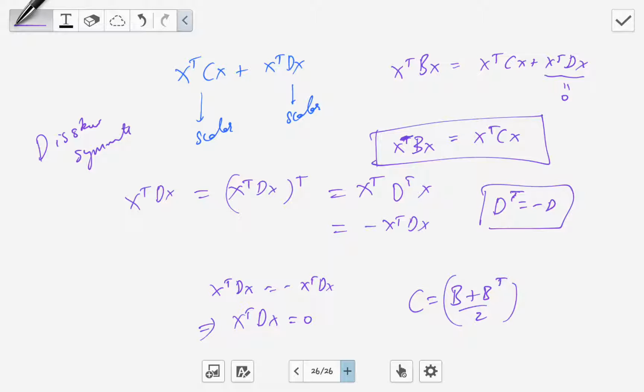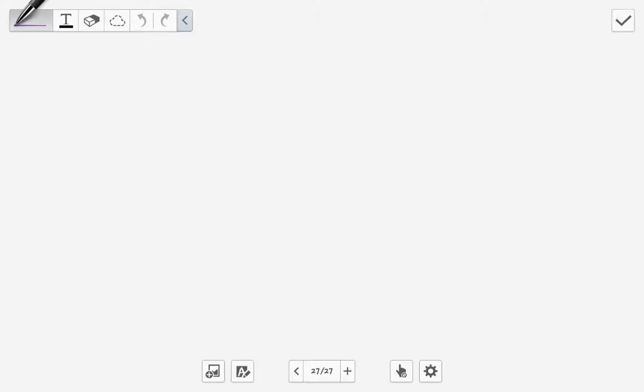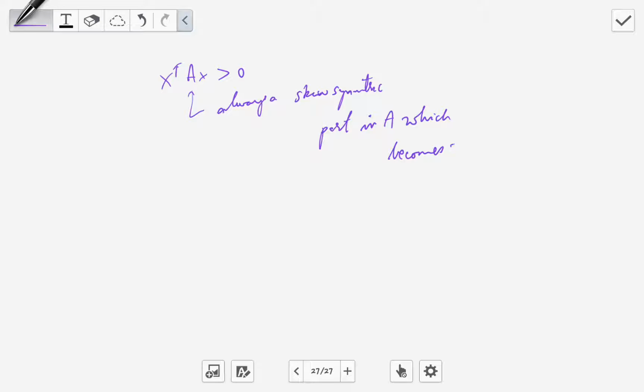So whenever you have x transpose Ax greater than 0, the skew symmetric term in A becomes 0.